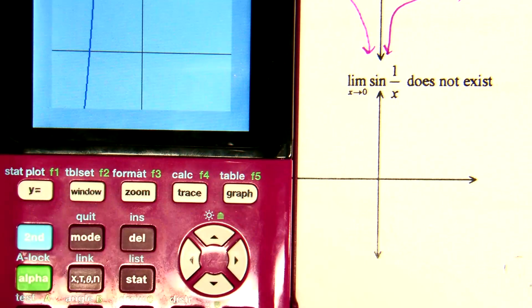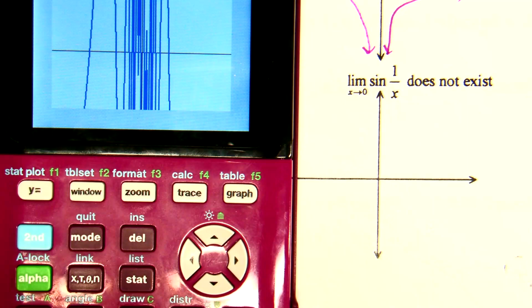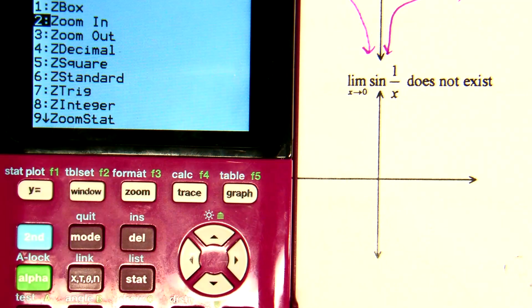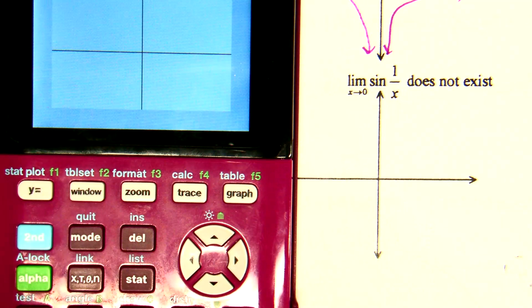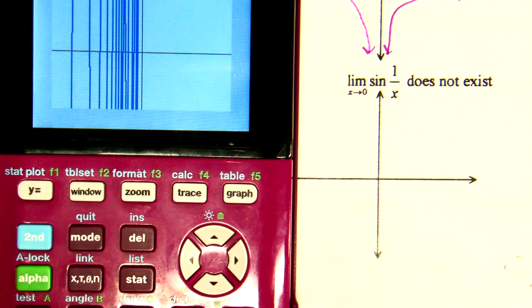Zoom in. I forget if we can see this eventually when we zoom in. It gets worse every time. I know, and I can't remember. Take your calculator and look at it from right there.